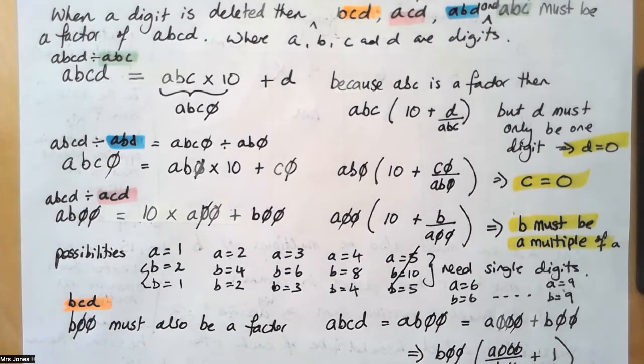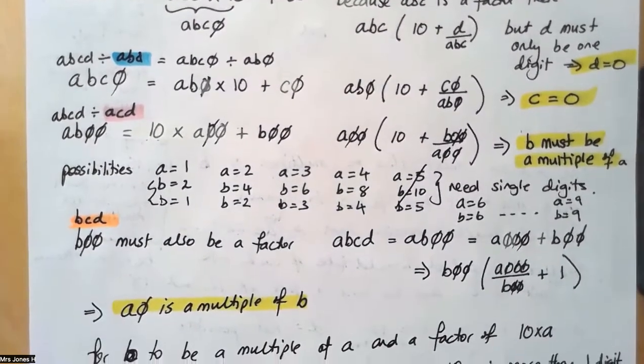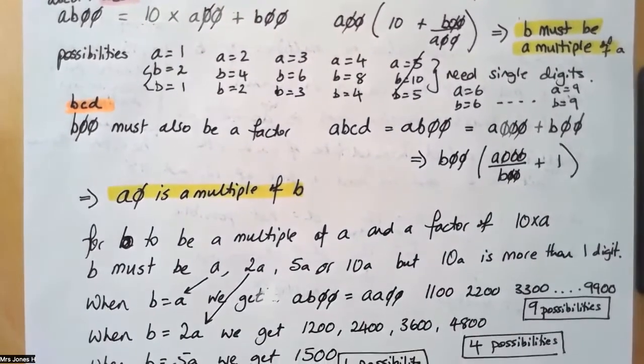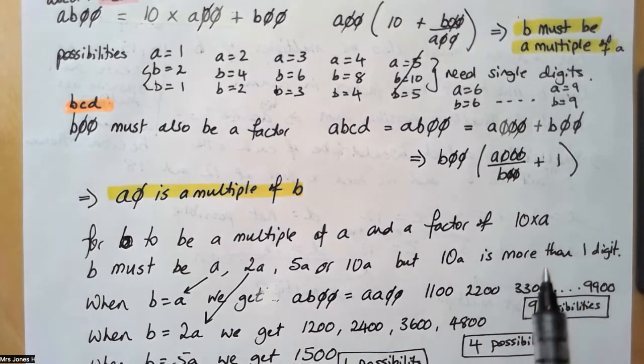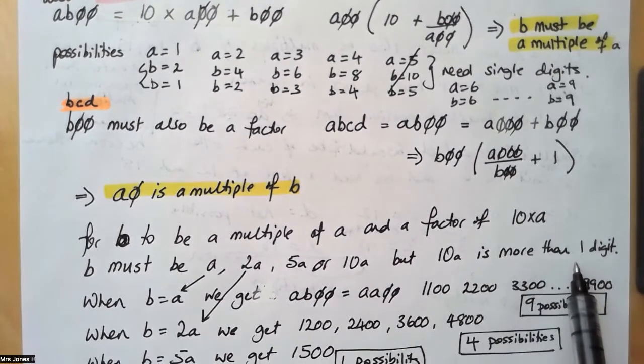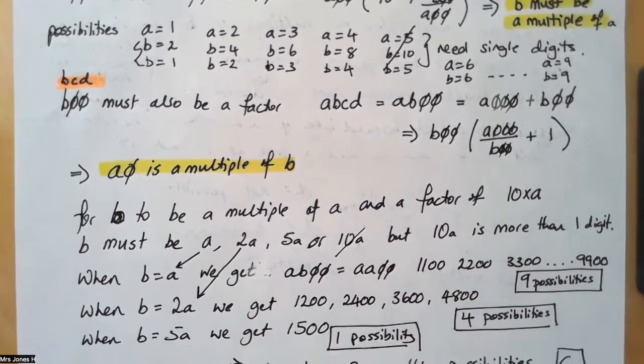We cancel them out, so therefore we know that A0 has to be a multiple of B. For B to be a multiple of A and a factor of 10 multiplied by A, B must be A, 2A, 5A, or 10A. 10A is more than one digit, so we can't have 10A.